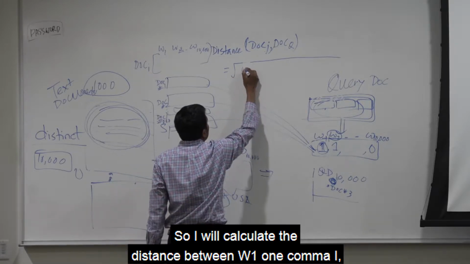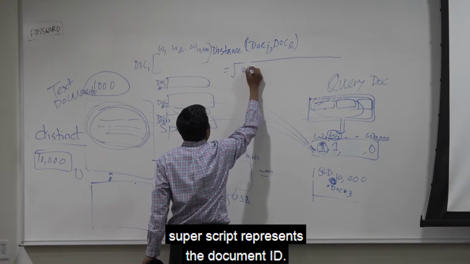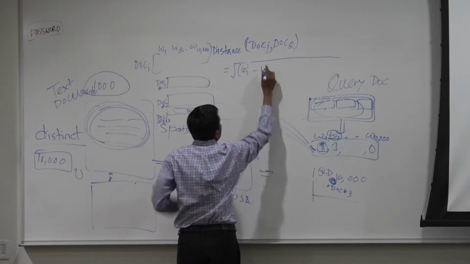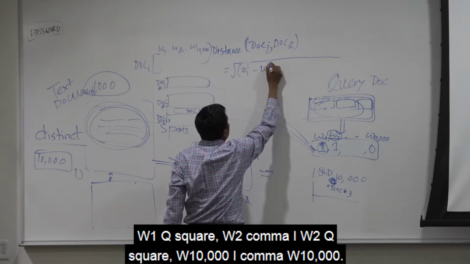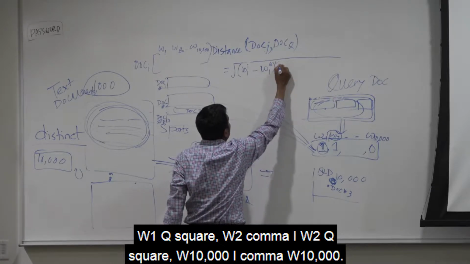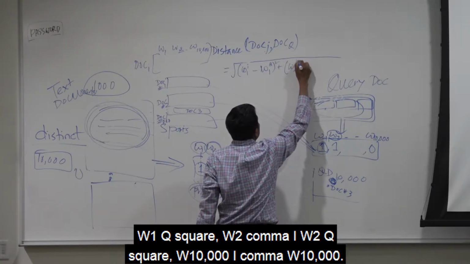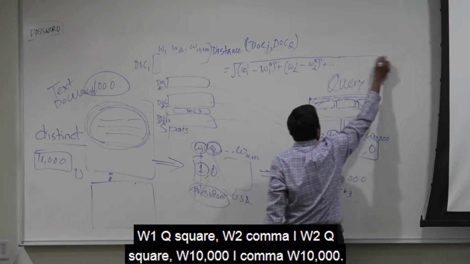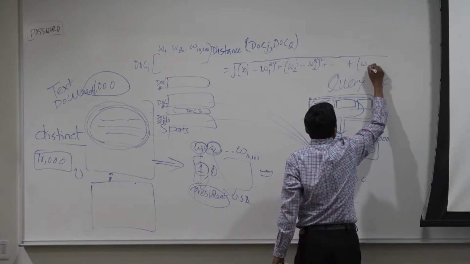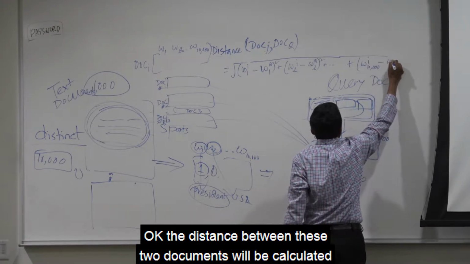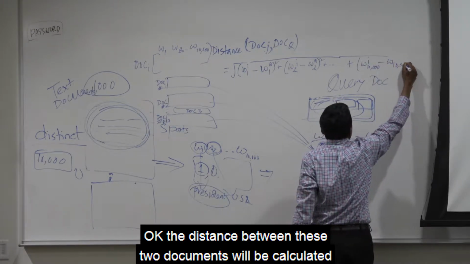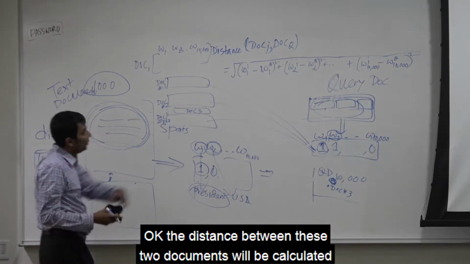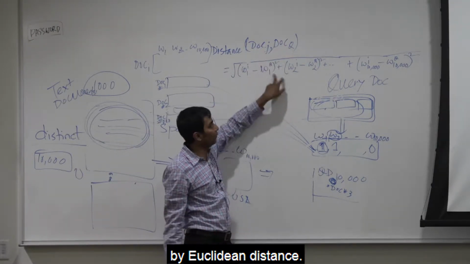So I will calculate the distance between W1 comma I, where the superscript represents the document ID, and W1 comma Q, squared, plus W2 comma I minus W2 comma Q, squared, and so on up to W10,000 comma I and W10,000 comma Q. So the distance between these 2 documents will be calculated by Euclidean distance.